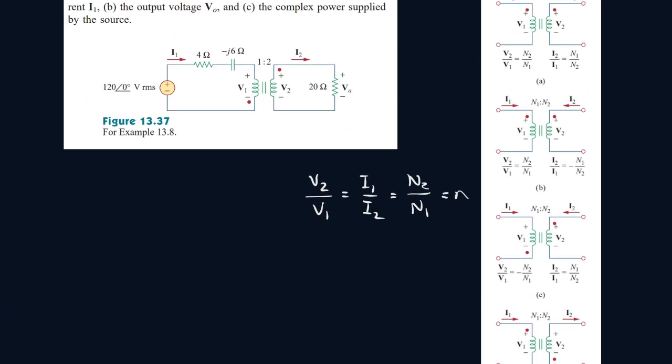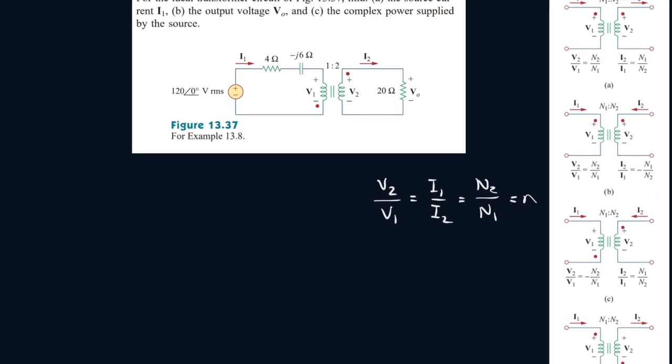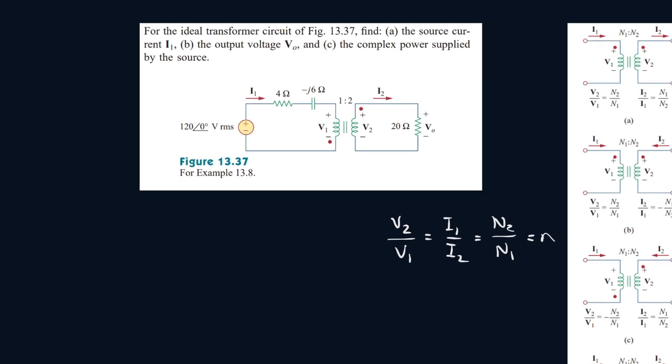Solving this kind of circuit is a little weird, so what we do is a Thevenin circuit from these two terminals. We're going to ignore this whole region and redraw the circuit like this.